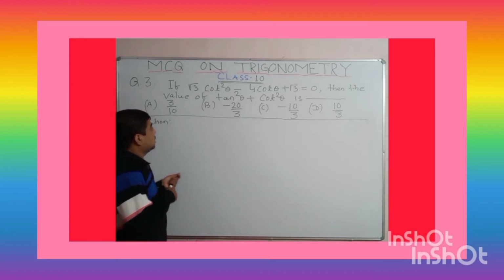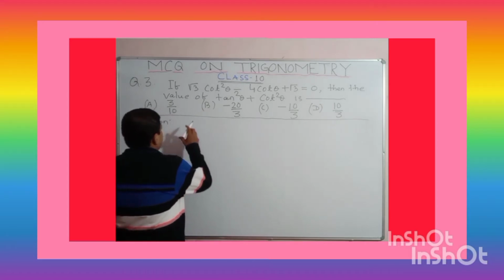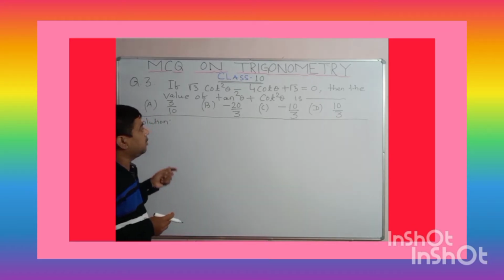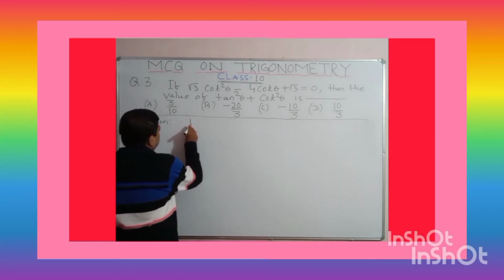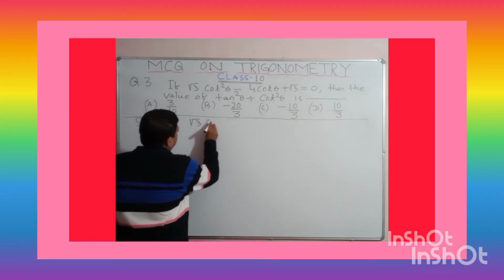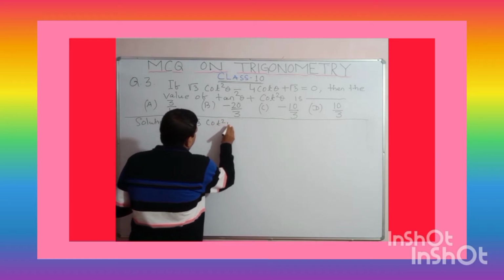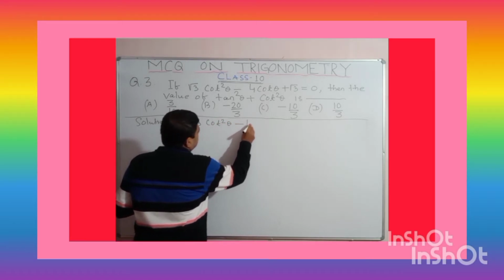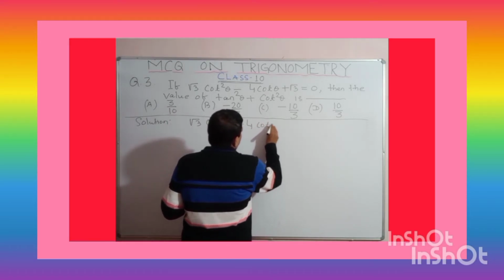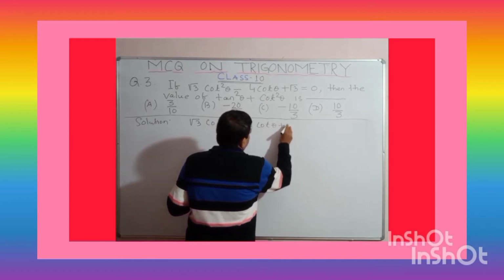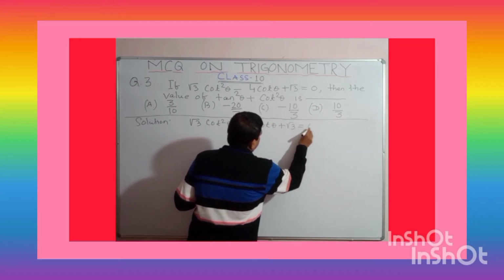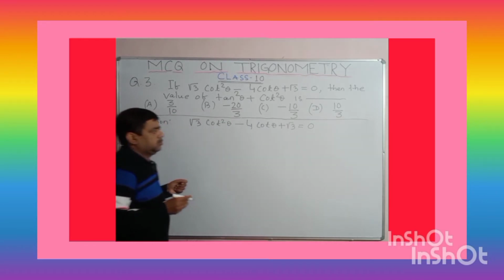So you see the given condition. Using the given condition, you have to find out the required expression. So root 3 cot square theta minus 4 cot theta plus root 3 is equal to 0 is given. Understand or not?